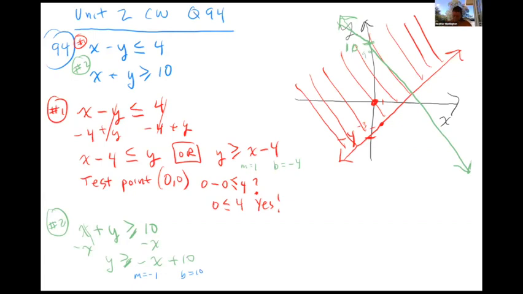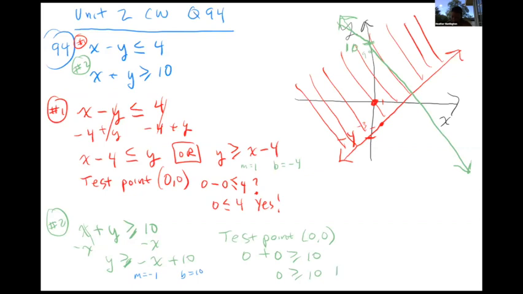So we're now going to use our test point. Let's do test point 0, 0. So I'm going to go back to the original. 0 plus 0 is greater than or equal to 10. So 0 is greater than or equal to 10.